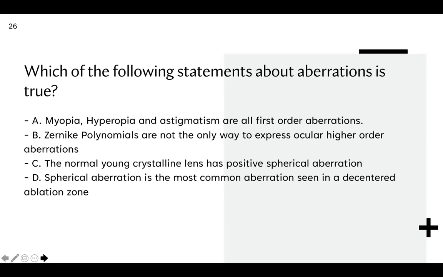B, Zernike polynomials are not the only way to express ocular higher order aberrations. C, the normal young crystalline lens has positive spherical aberration. And D, spherical aberration is the most common aberration seen in a decentered ablation zone. So you have to say which of these statements is true. And the timer has started.